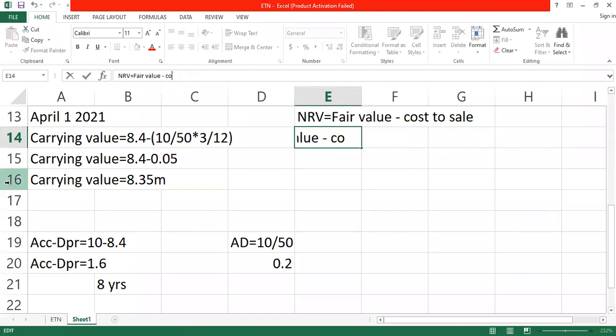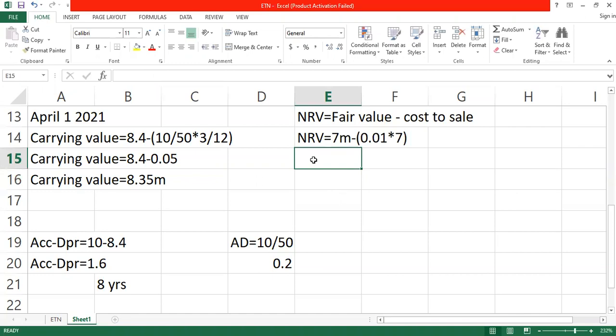So we have 7 million, then we subtract our cost to sell, which is 1% on that. 1.01 times the 7, am I correct? Yes. That will give us 0.07. If we subtract from that one, what are we getting as the net realizable value? 6.93.